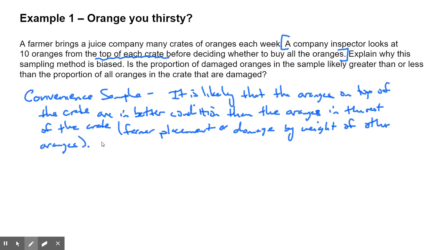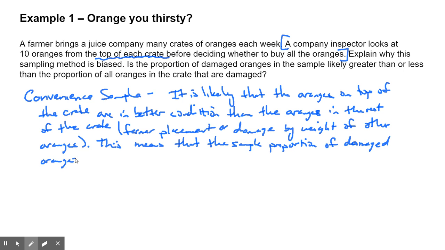It's biased because I think the oranges on top are in better condition than the rest of the crate. So what does this mean? This means that the sample proportion, and when you think of proportion, that's the same thing as percentage, the sample proportion of damaged oranges is likely to be, and now they want to know, do you think the proportion of damaged oranges in the sample will be greater than or less than the true proportion, the proportion of all oranges?